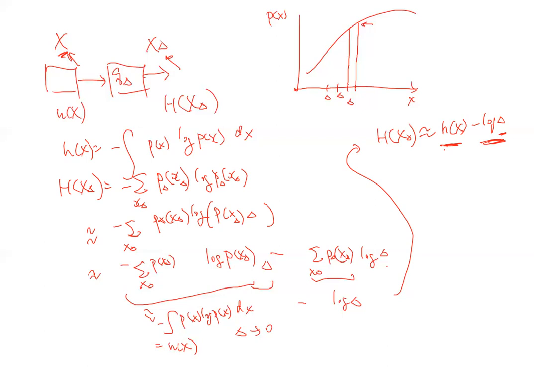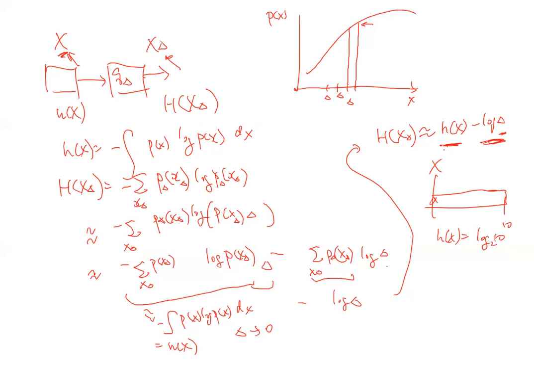Let me give a very simple example first. Let's say we have the distribution we had earlier, a continuous distribution with A equal to 10, so X is uniform, taking kind of 10 values. Then hx, as I mentioned, will be log 10.